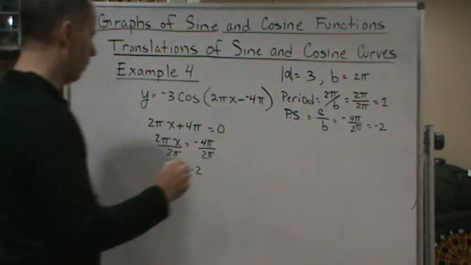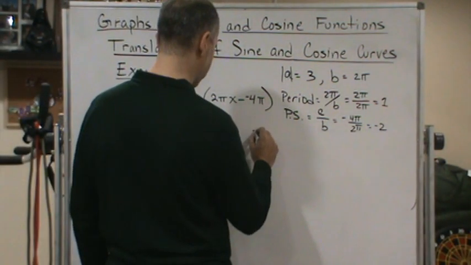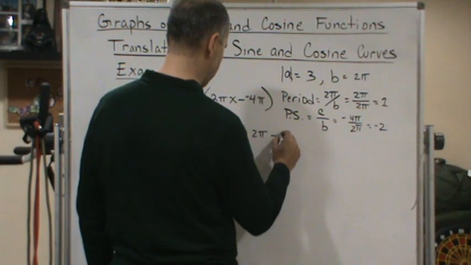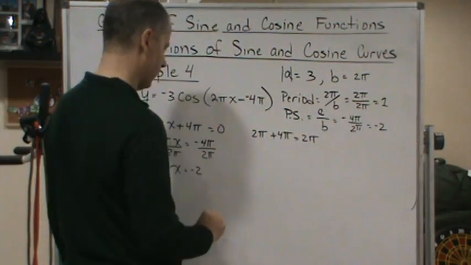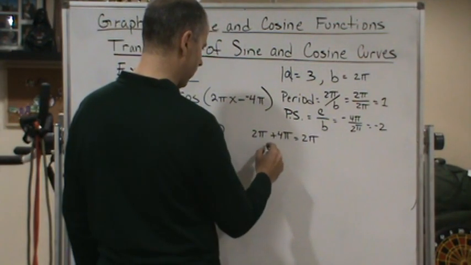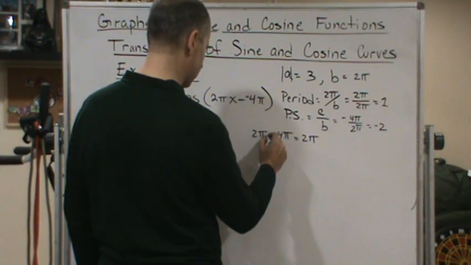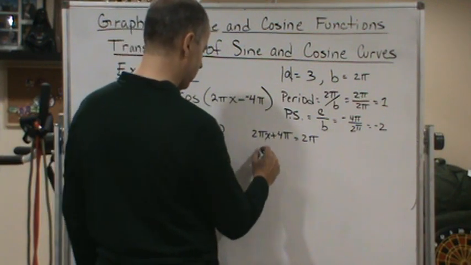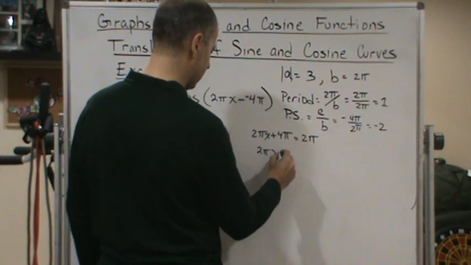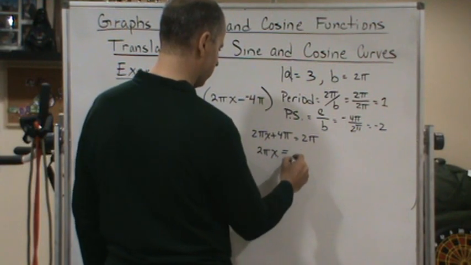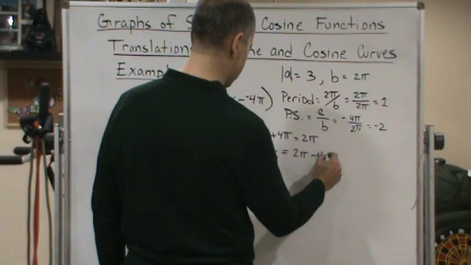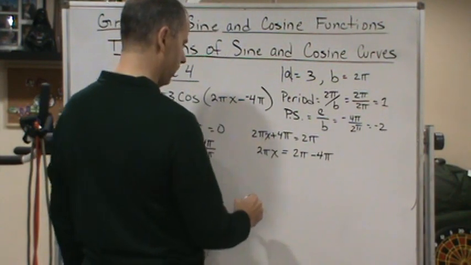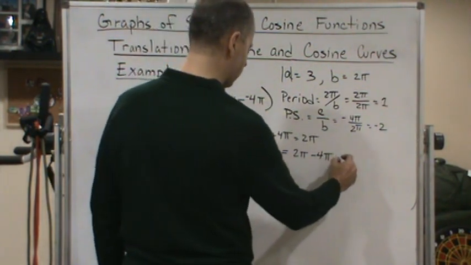And where does it end? Well, we're going to solve for 2 pi now. So 2 pi x plus 4 pi equals 2 pi. Oh, hold on, I forgot an x. There's an x. Okay, so this is going to give me 2 pi x equals 2 pi minus 4 pi. So that's going to give me negative 2 pi.